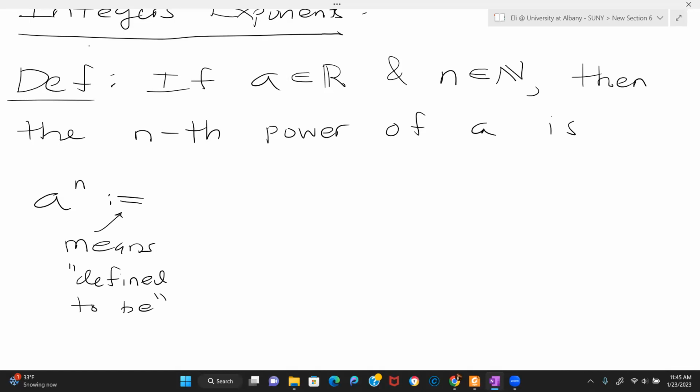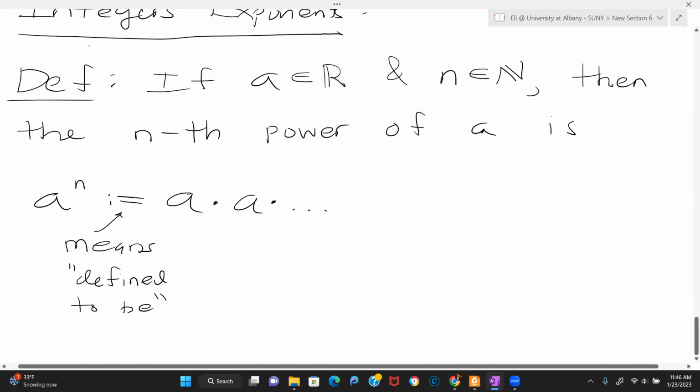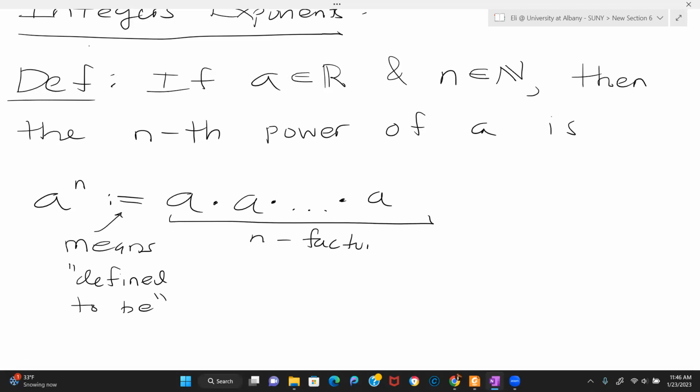It's to set up a definition. So this symbol right here has no meaning, and now I'm going to ascribe meaning to it. So it's not just an ordinary equals, it's a definition, and it's going to be defined as follows.